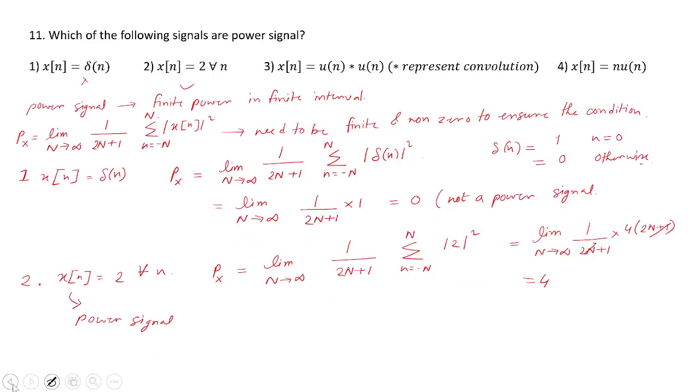So now it's a convolution of unit step functions. The third function is x[n] equal to the convolution of u[n] with itself.